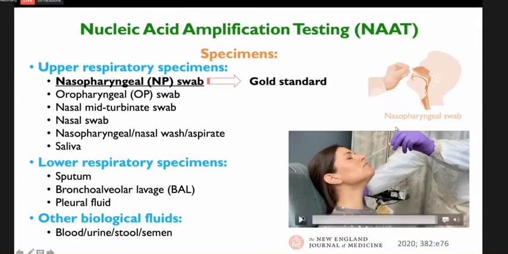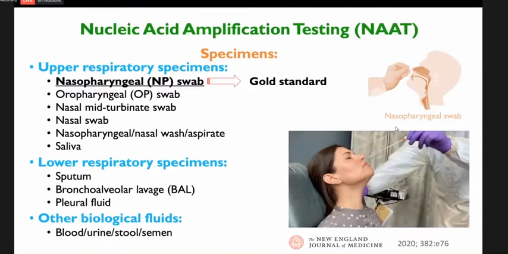It is also recommended to rotate the swab several times before removing it in order to ensure the adequacy of the sample.